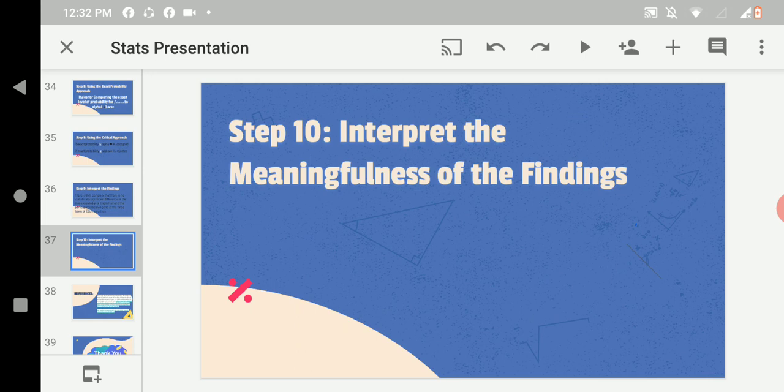When you interpret the findings from using the critical value approach and the exact probability approach, what you got, what conclusion you have. That's how you will be interpreting the meaningfulness of the findings.